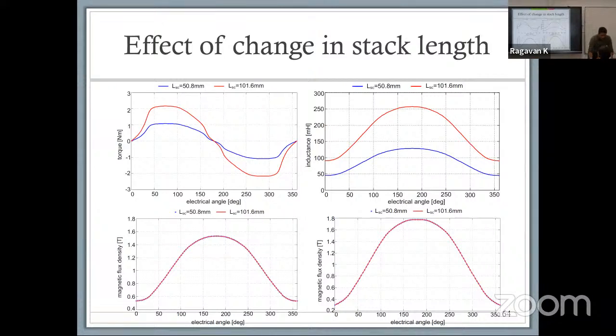If you keep the dimensions of the entire motor constant and you increase the stack length of the motor, the inductance, torque, and the back EMF of the motor will change. The magnetic saturation profile for the motor will remain the same because the field distribution is happening in the XY plane. So if you change the stack length, what did not change is how much flux is flowing through it, right?